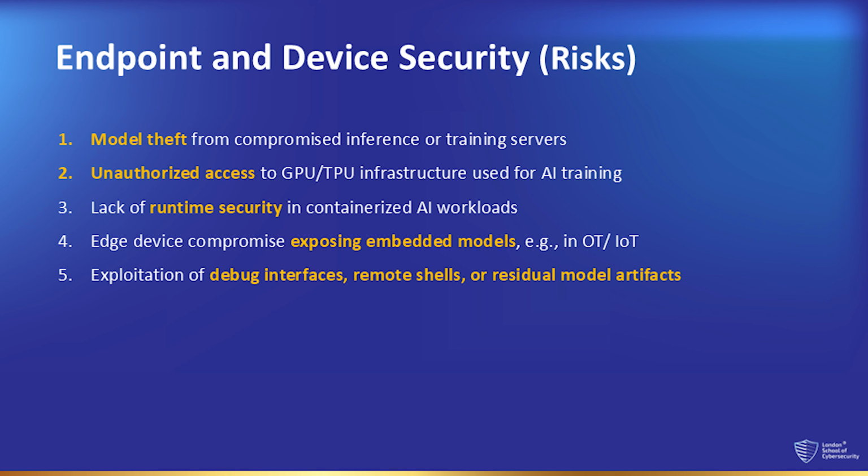Why is it important? Because we all know that the decisions or the inferences that the AI makes are only as good as the training. If someone has unauthorized access to this infrastructure, they can tamper with the training data, they can tamper with the model, they could inject bias or update the model code so that it starts acting up and does not behave as expected.